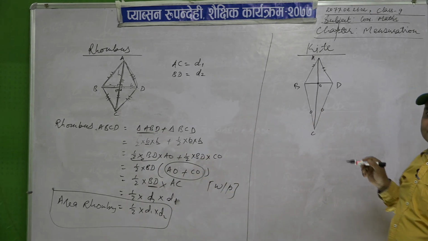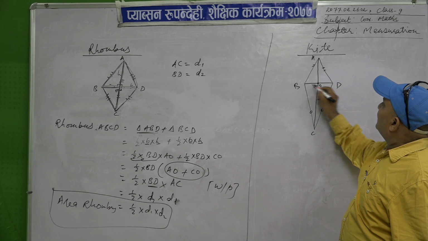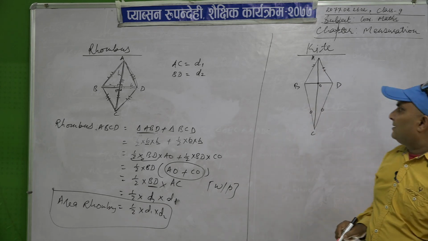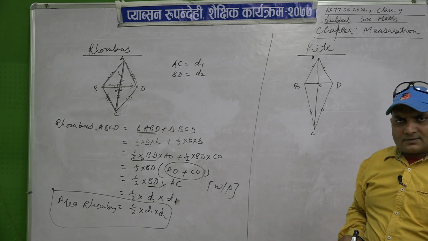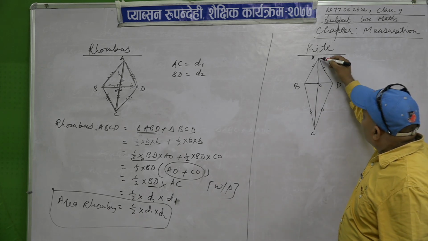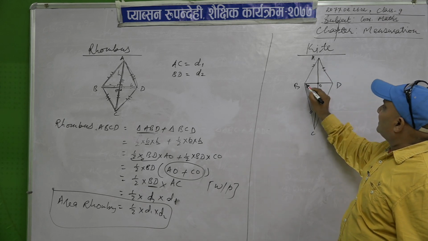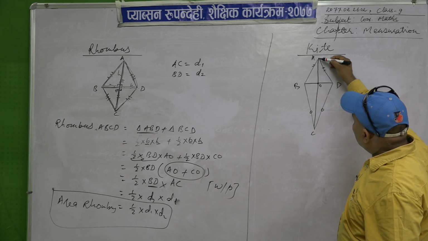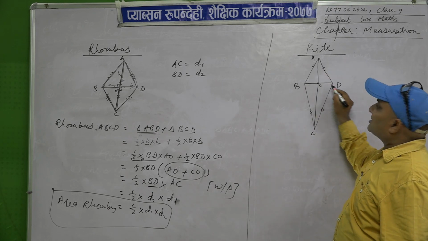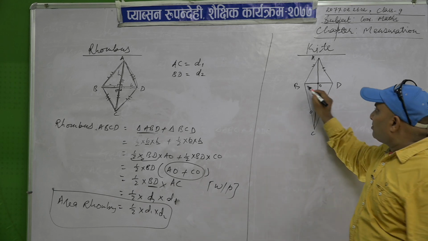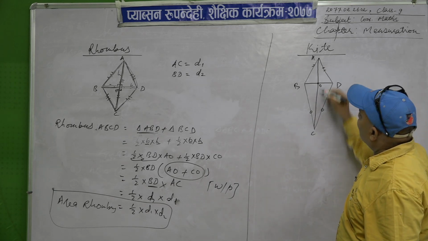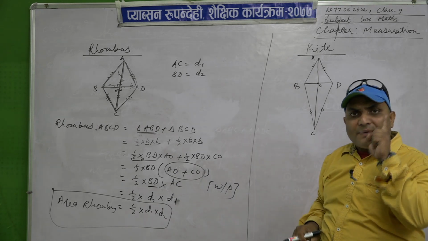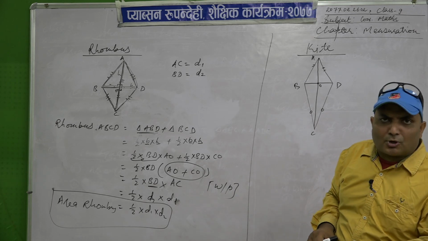But in a kite, both diagonals do not bisect each other. In a kite, this is the bigger diagonal AC, this is the smaller diagonal BD. What we should know is that the bigger diagonal bisects the smaller diagonal, but the smaller diagonal does not bisect the bigger diagonal. One thing to remember: always in a kite, the bigger diagonal bisects the smaller diagonal.